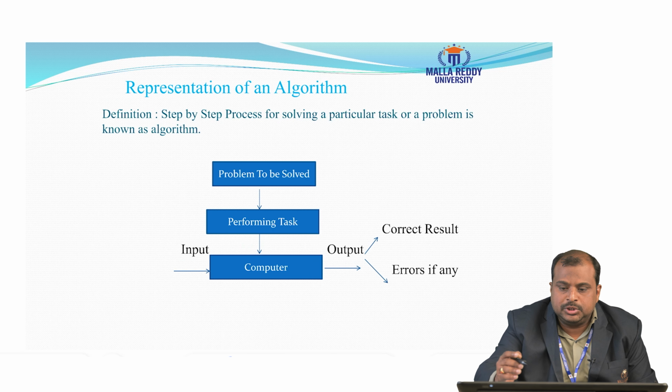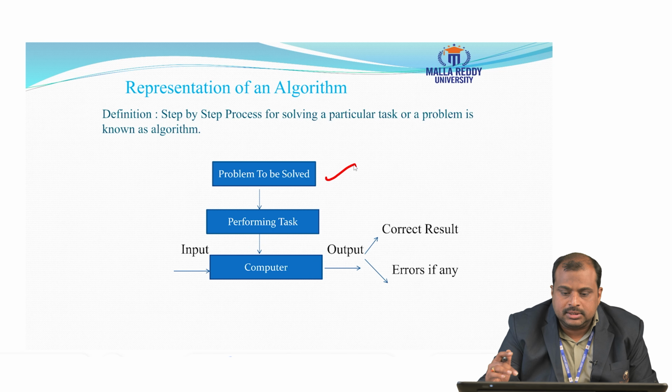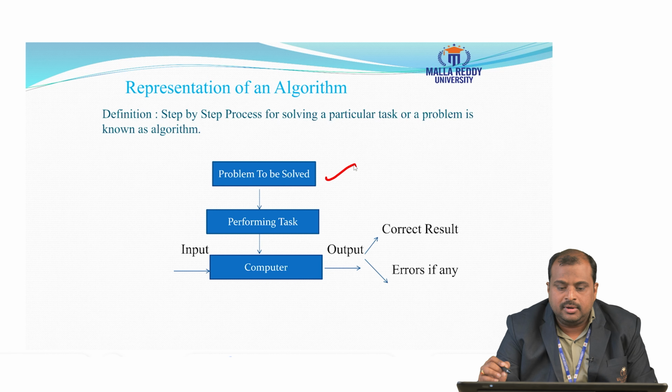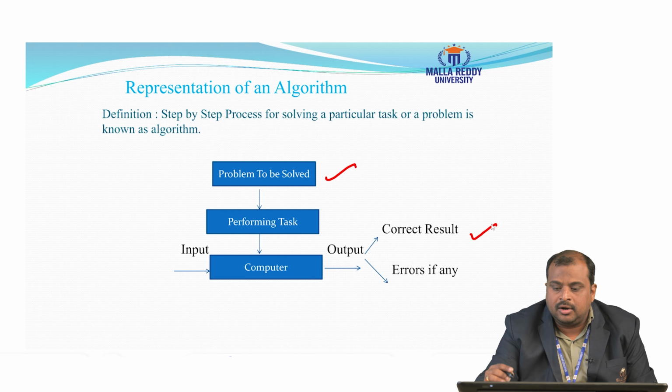How the problem is to be solved, on what basis the task is performed, how the input is taken, how the process is completed based on that input, and how the output is generated. After getting the output, whether the result is correct or whether you are facing any errors. These are the things we need to think about.